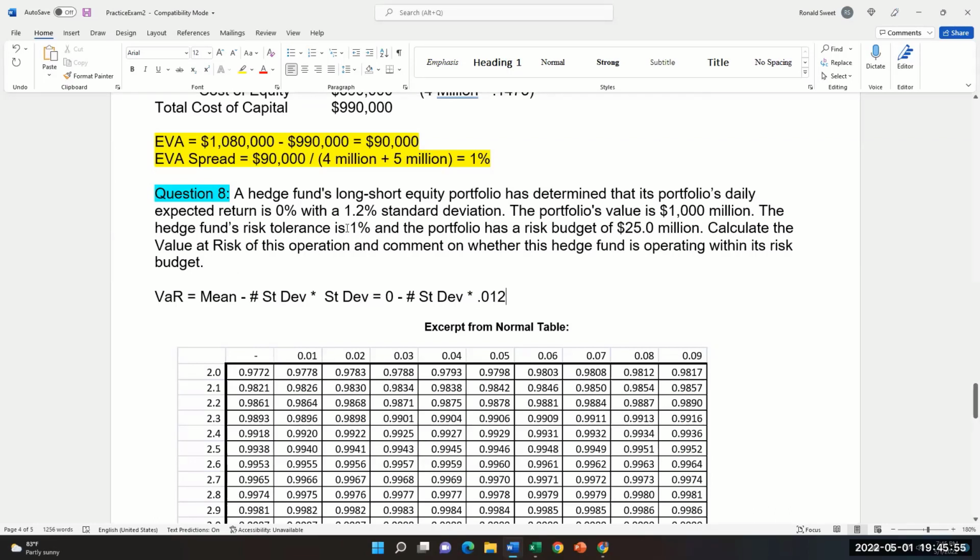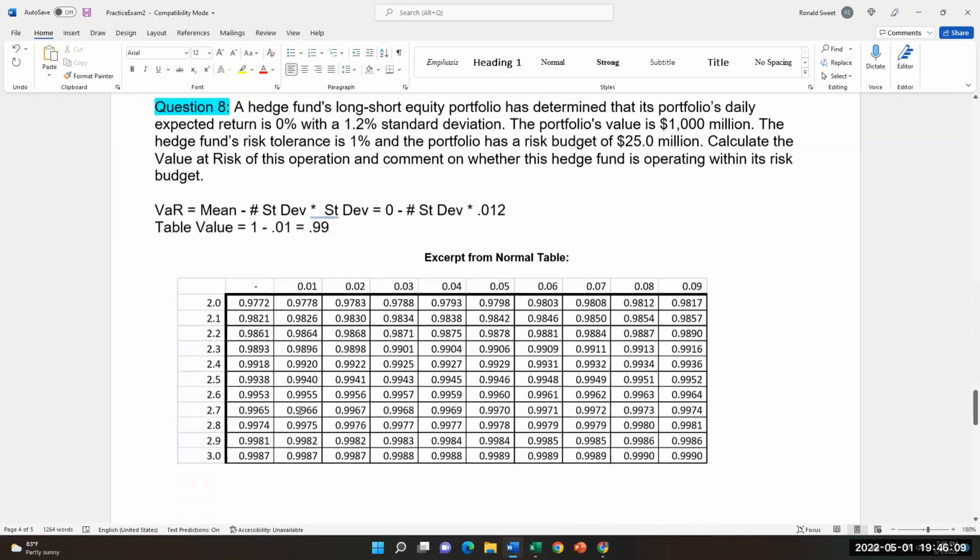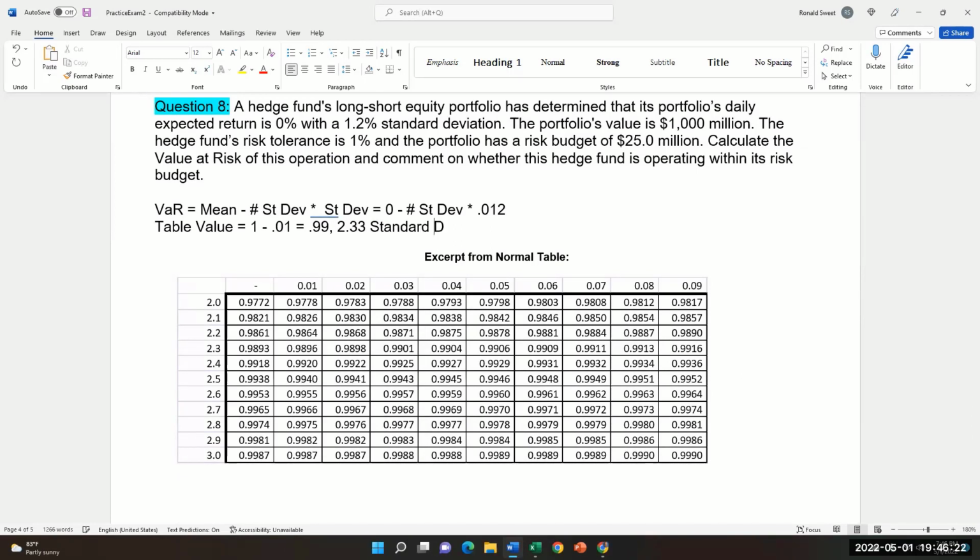The risk tolerance is 1%. So table value equals 1 minus 0.01 equals 0.99. You already know what that is because that's a pretty common number. So 0.99 is right here at 2.33. So we calculate the 2.33 there.